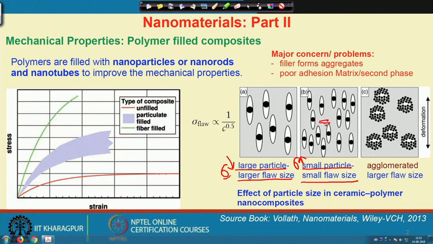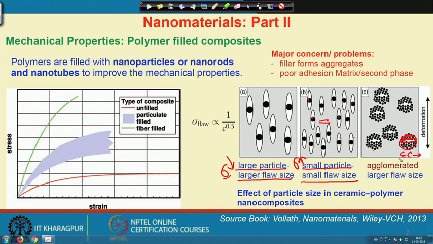Now, the problem begins when the particles are not homogeneously dispersed in the matrix. Here we show you a relatively homogeneous dispersion of those particles. If particles agglomerate together and make a cluster, the cracks formed around the particles will tend to join and give you a larger crack. So here C is quite larger, where C means the crack length.